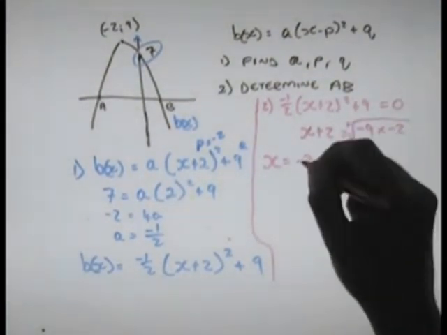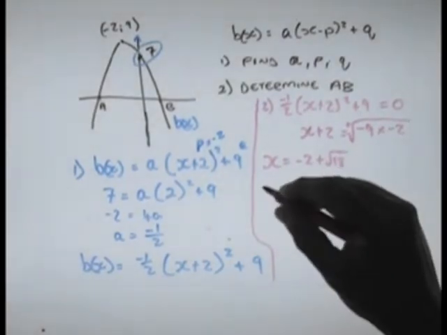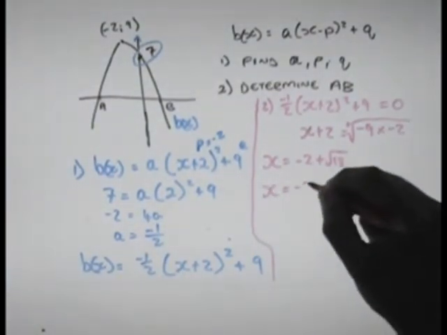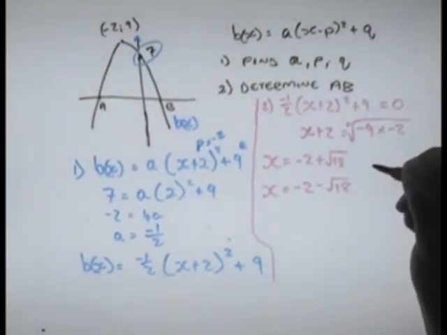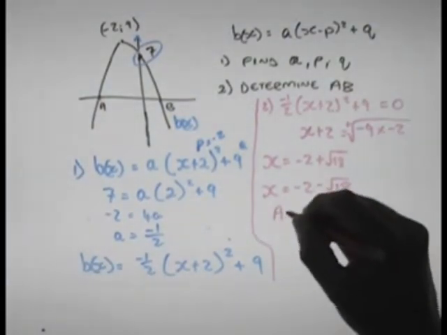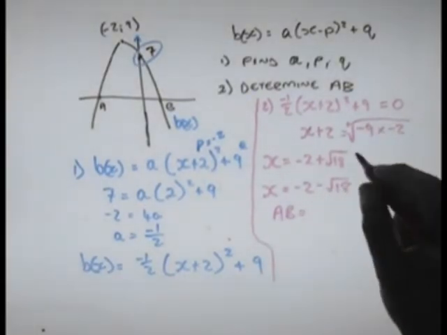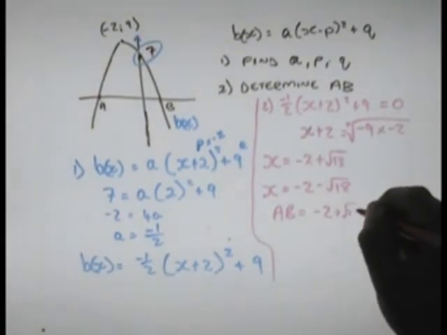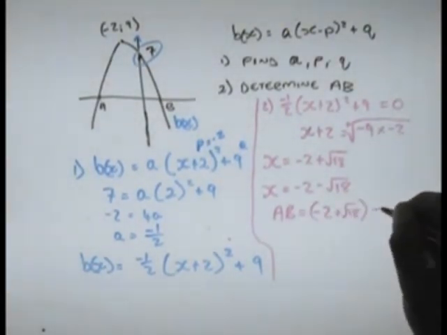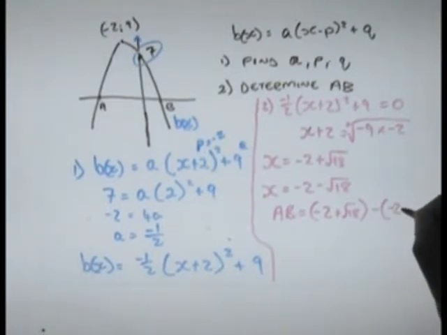That will be point B, and point A will be given by x is equal to negative 2 minus root 18. That means that AB will equal the B value, which is negative 2 plus root 18, minus the A value, negative 2 minus root 18.